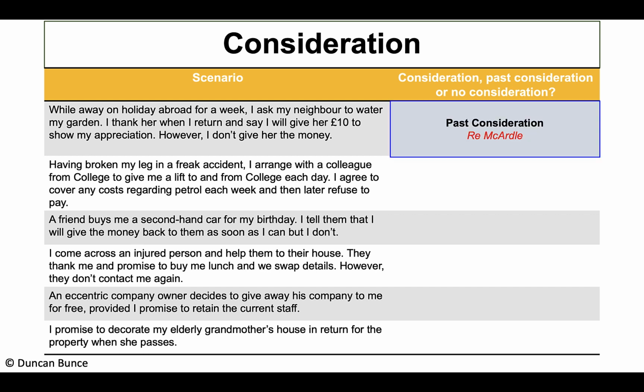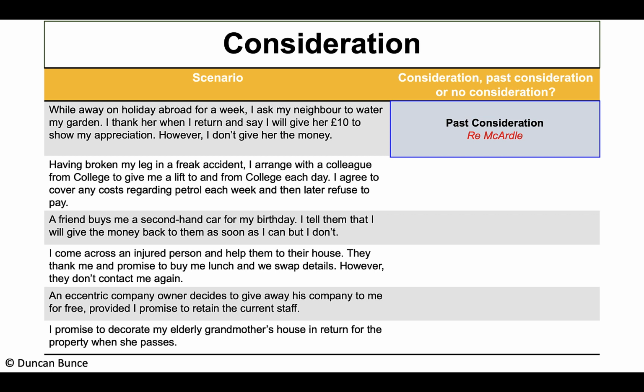It's past consideration. So I'd be citing the Re McArdle case, which we talked about earlier, regarding the wife of one of the sons who did home improvements and decorated the place for £488, and then tried to get the sons to sign a document to reimburse her when the property would be sold later. Why is this past consideration?